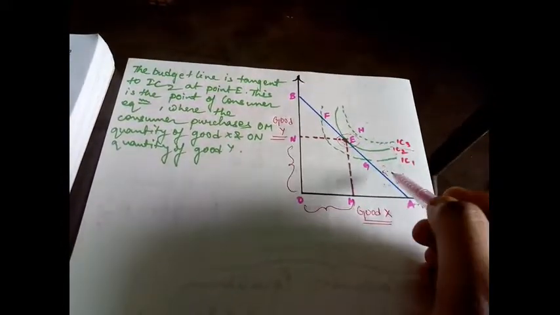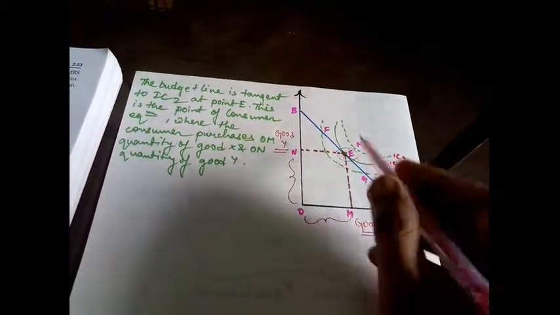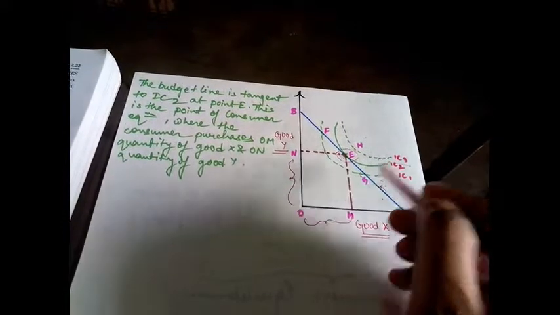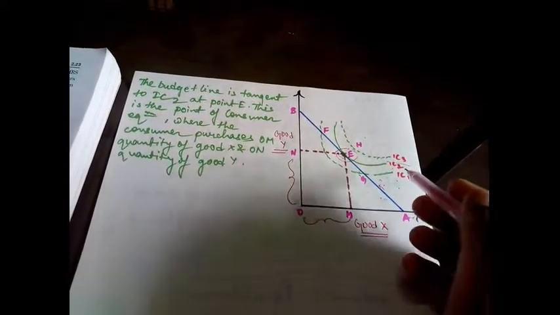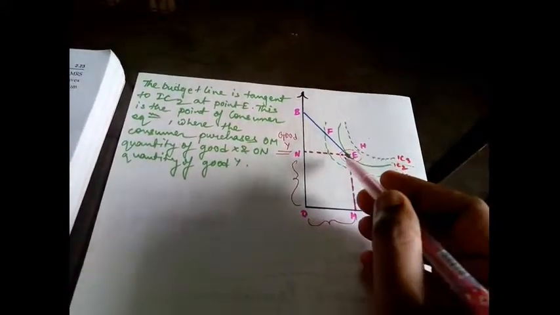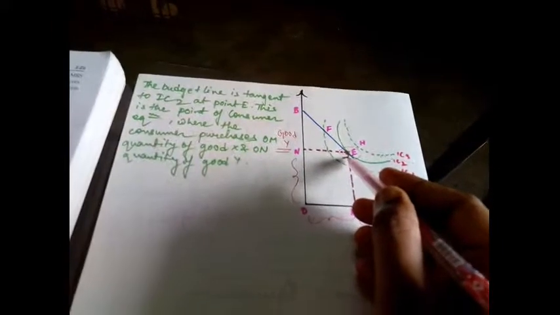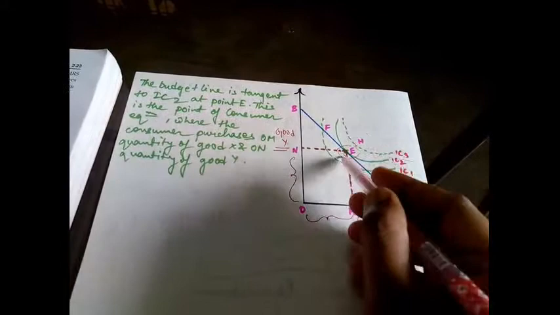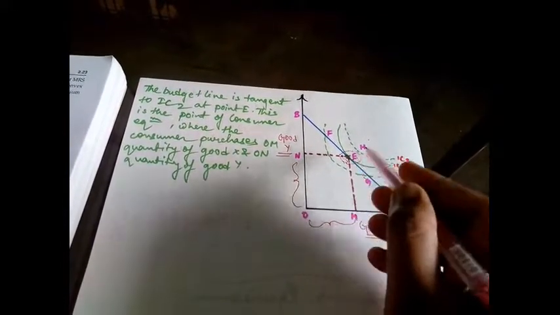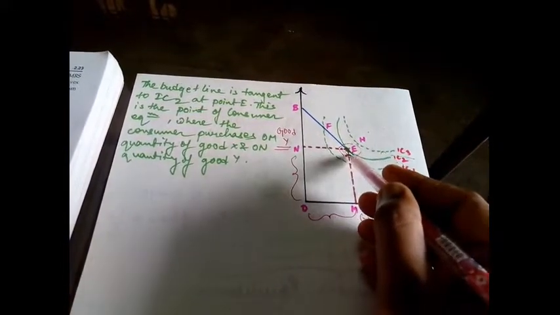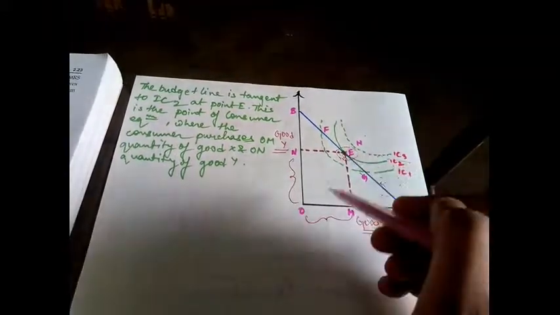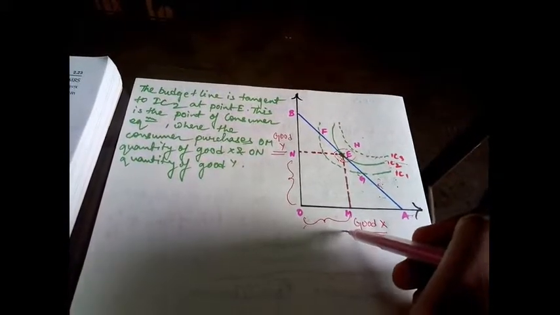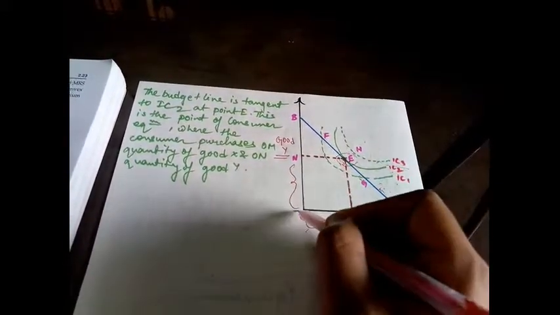And indifference curve 1 is cutting the budget line 2 times, which is not possible. So indifference curve 2, which is just tangent to the budget line, is the point where the consumer feels satisfied, its resting place. And the equilibrium quantity of X is OM and equilibrium quantity of Y is ON.